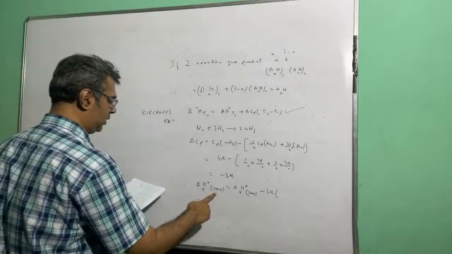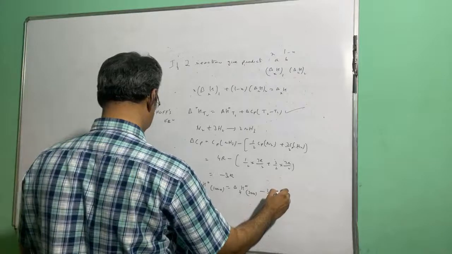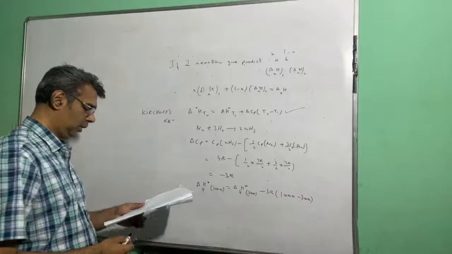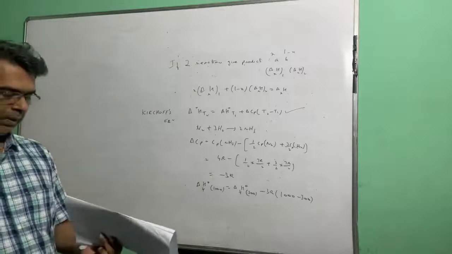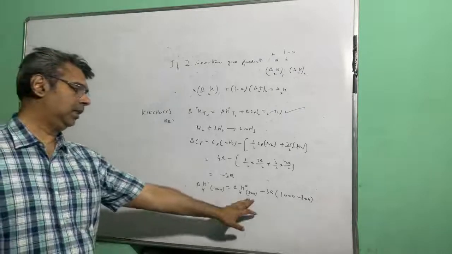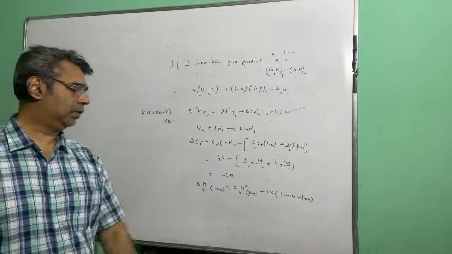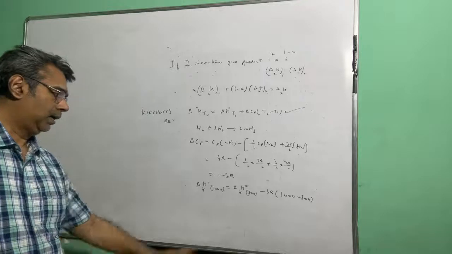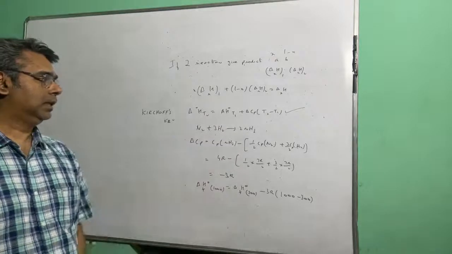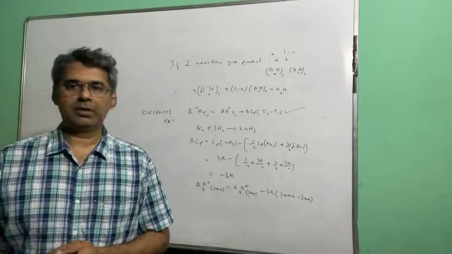So heat of formation at 1000 Kelvin is heat of formation at 300 minus 3R into (1000 minus 300). So if you know the heat of formation at 300 Kelvin, then you can use Kirchhoff's equation to find the heat of formation at a higher temperature like 1000 Kelvin, right? So these are the details of heat of a reaction, the topic for our class today.